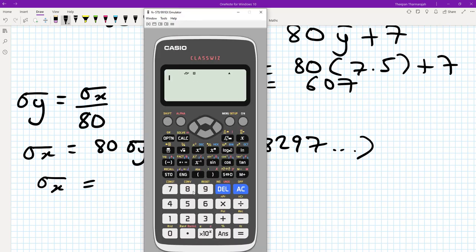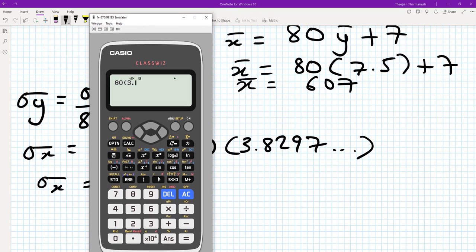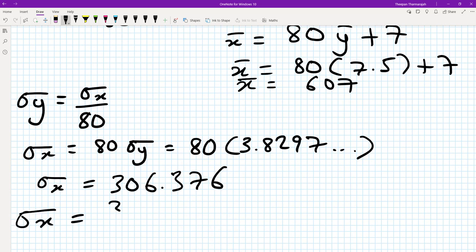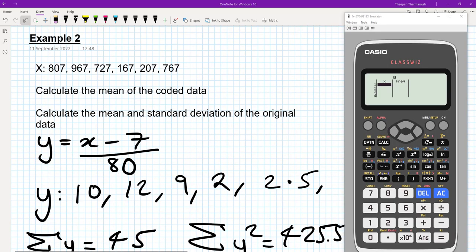So that's going to be 80 times 3.8297 and so on, which gives 306.376. So approximately 306 is the solution.